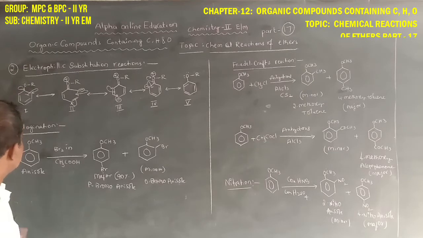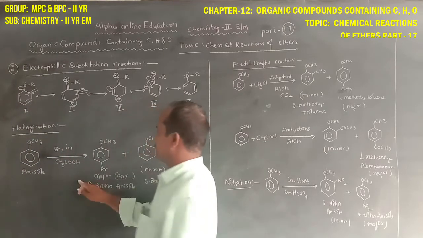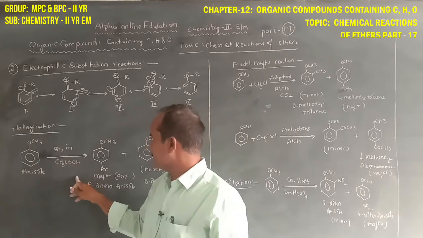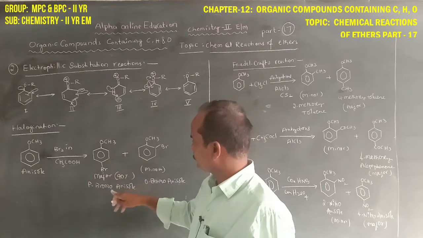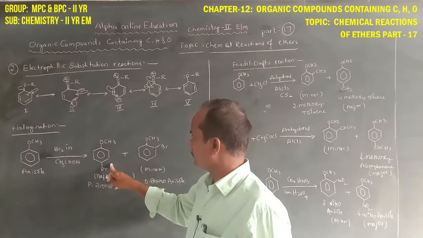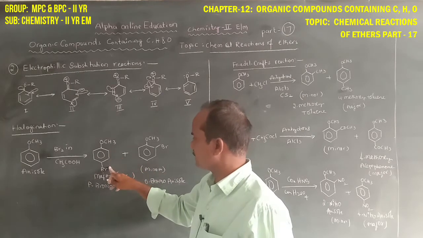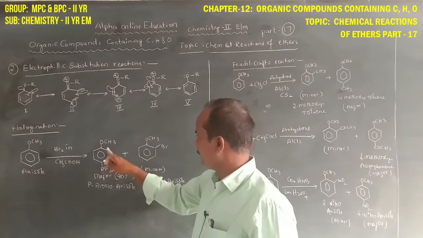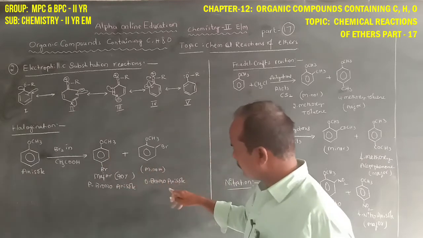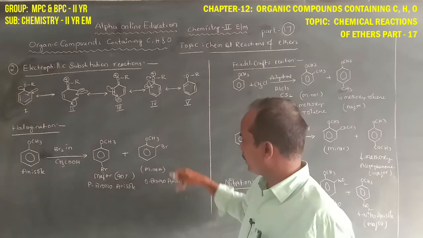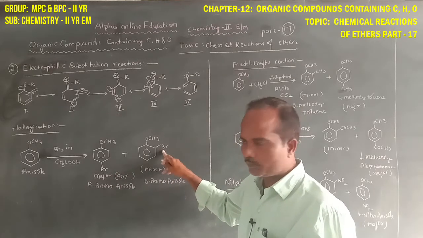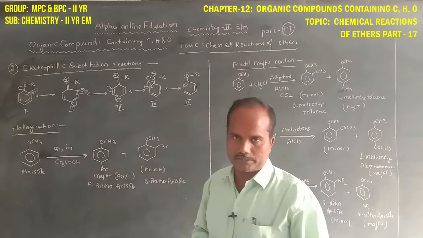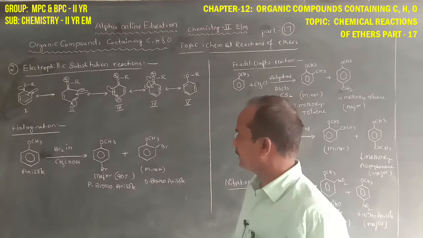First, halogenation: anisole with bromine in acetic acid gives para-bromoanisole as the major product, about 90%. Ortho-bromoanisole is formed in a minor quantity because of steric hindrance.